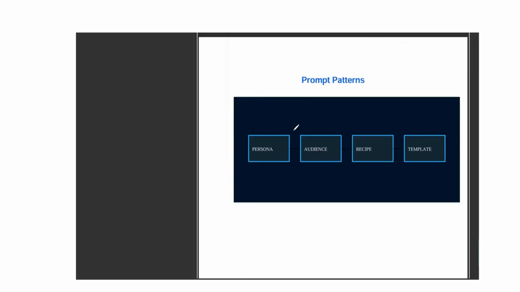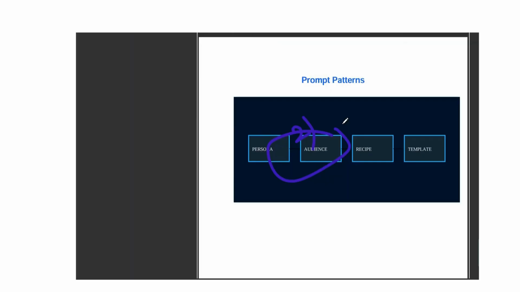another useful technique is audience prompting. Here, you are telling AI who the explanation is for, who the audience is.